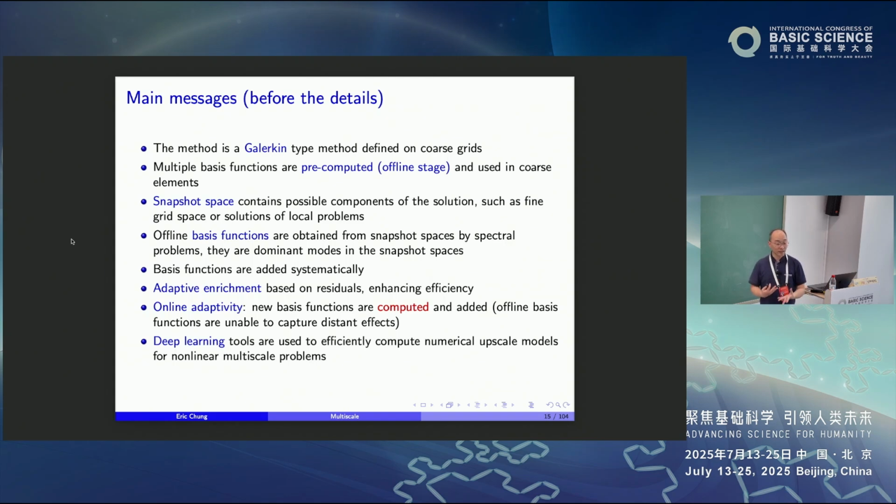And in order to do this, we have to design some suitable ways to locate or to define which components are more important. And of course, after that, you also need a way to order these basis functions. So we have to know how to add these basis functions systematically.